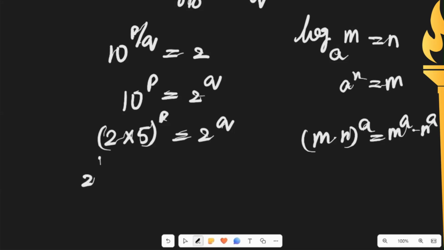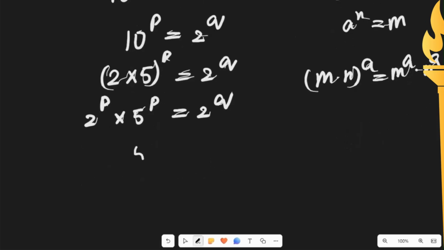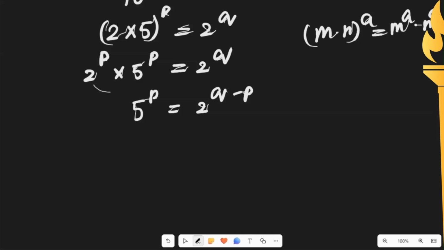Similarly, 2 power p into 5 power p is equal to 2 power q. If we bring 2 power p to the right hand side, it goes into the denominator, giving 2 power minus p. So 5 power p is equal to 2 power q minus p.